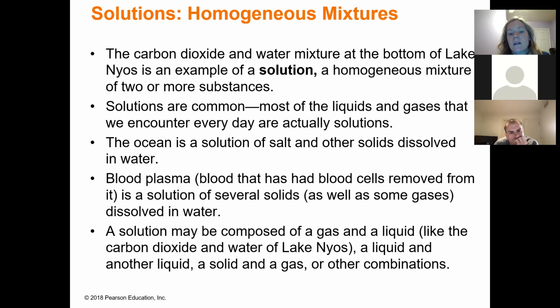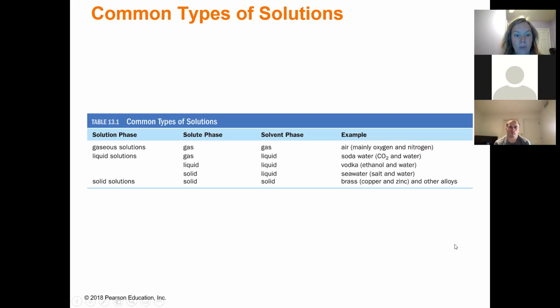Blood plasma is also an example of a solution. It's a liquid with several solids dissolved in it, and there are also dissolved gases in your bloodstream, like oxygen and CO2. That's how oxygen gets transported to our muscles and CO2 gets transported away. And a solution can be composed of, like Lake Nyos here, a gas and a liquid.